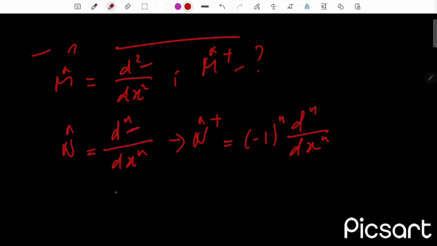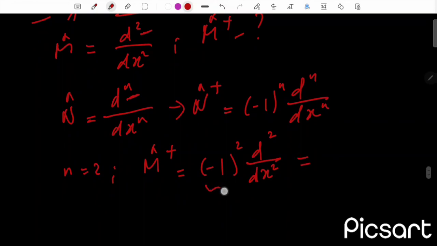For our exercise n is equal to 2, so M dagger is equal to minus 1 to the power 2 times d squared over dx squared, and minus 1 squared is equal to 1, times d squared over dx squared, which is actually M.